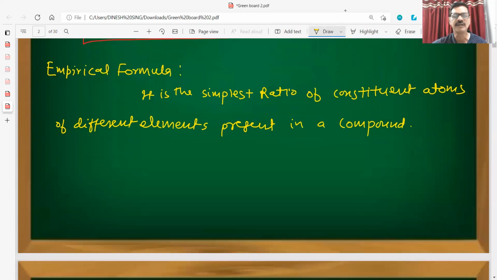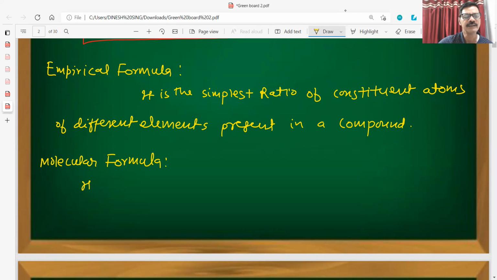Now for determination of empirical formula, again we can see, the molecular formula will be what? Molecular formula, it will be known as what?